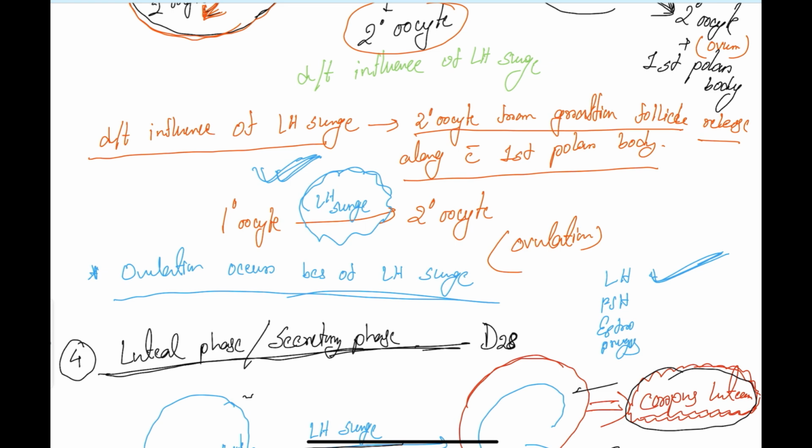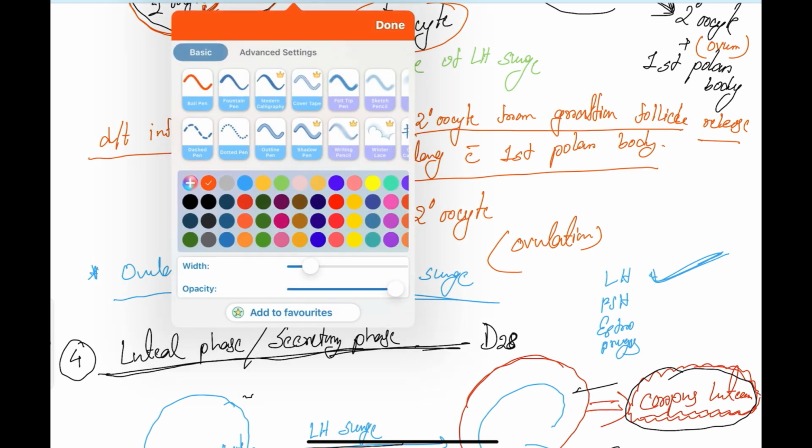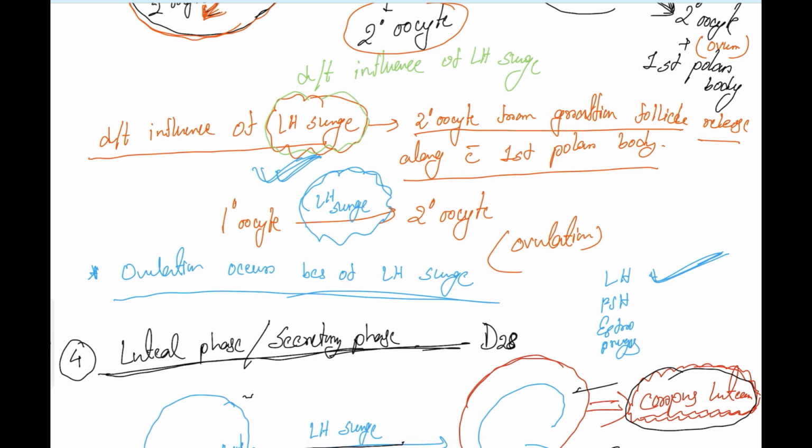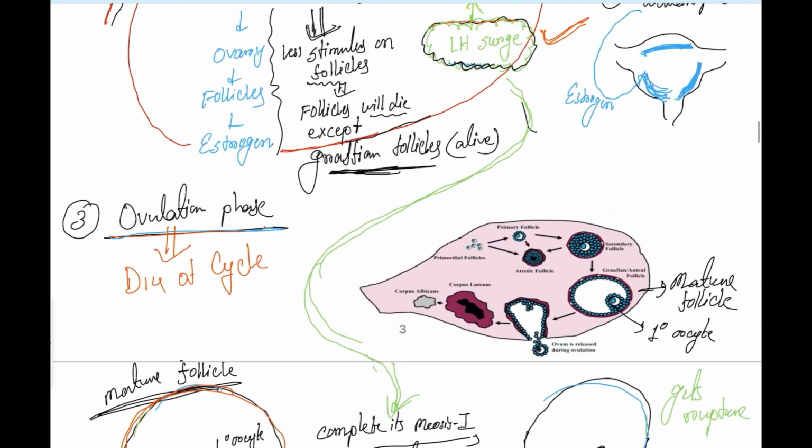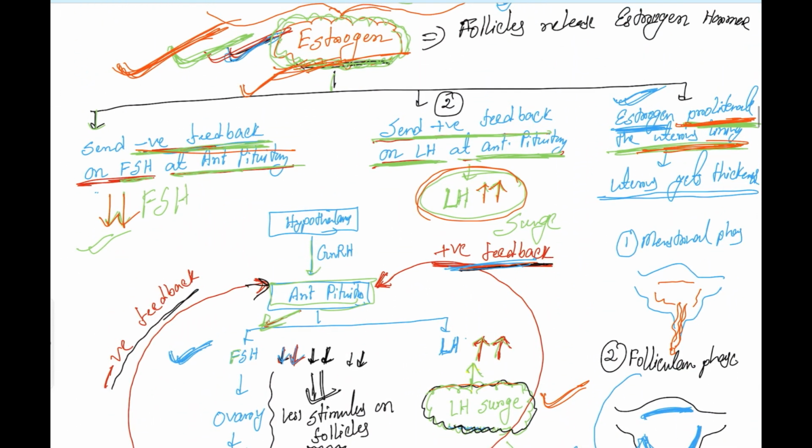So what questions do you need to remember? If I ask you ovulation is triggered by which hormone, your answer will be LH hormone or LH surge. What causes the LH surge? The cause is the high level of estrogen, continuously secreting, showing its positive feedback on LH.